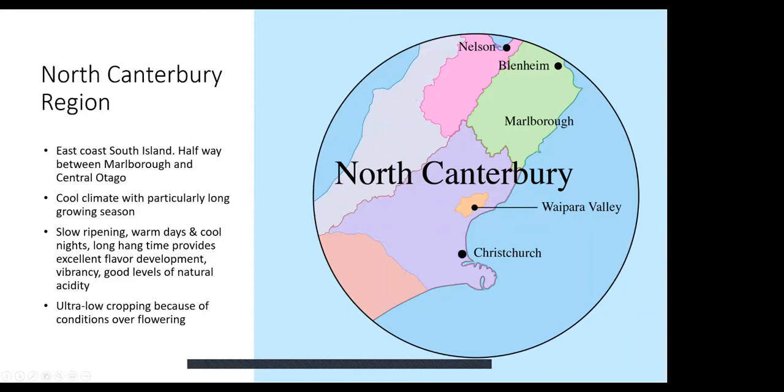So this is just a little bit about North Canterbury. We're obviously on the east coast, around about halfway between Marlborough and Central Otago. We're very much a cool climate growing region, and that long hang time I was mentioning, the difference between Central Otago, Waipara or North Canterbury has the longest growing season in New Zealand.